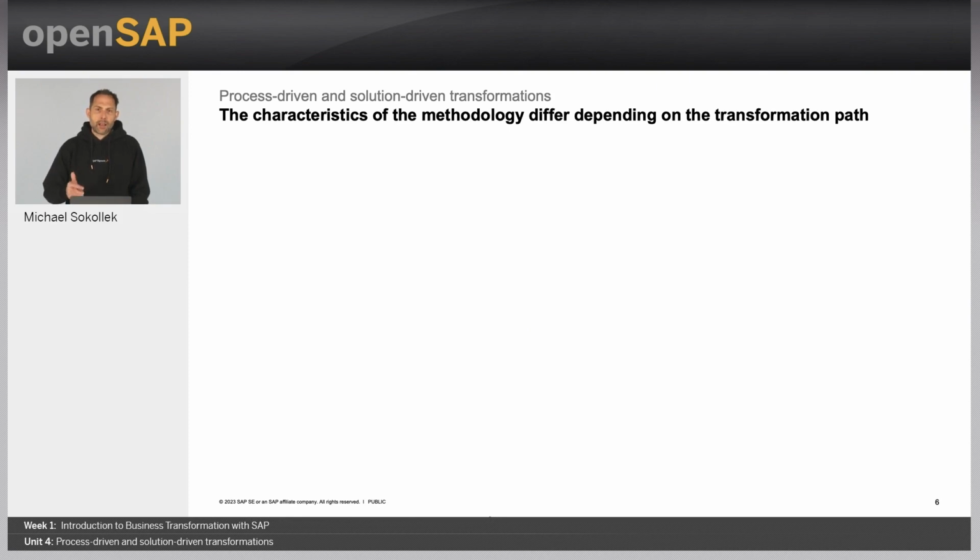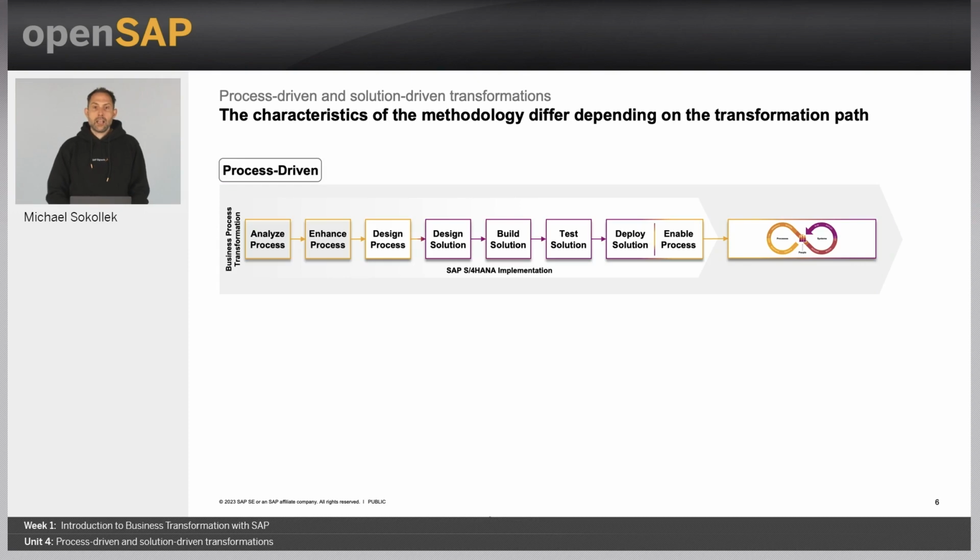If we apply our previously shown transformation methodology to the two main different transformation scenarios, the relevance and importance of the individual steps differs. In a process-driven transformation, the analysis and potential enhancement of current executed processes is optional.